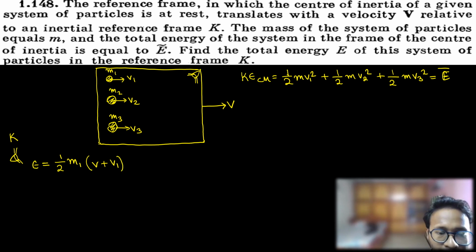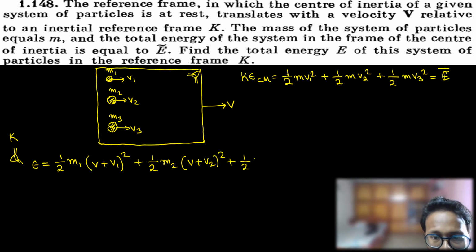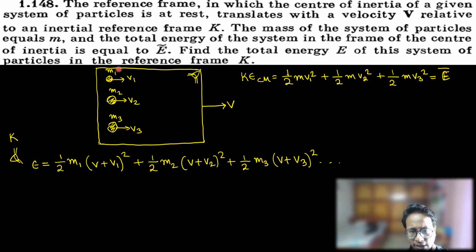You can either give velocity to the box, or you can give velocity to the observer in the opposite direction. Both will have the same result. So half m1 (v plus v1) square plus half m2 (v plus v2) square plus half m3 (v plus v3) square, and so on. If there are 4 masses, then half m4 (v plus v4) square and so on.